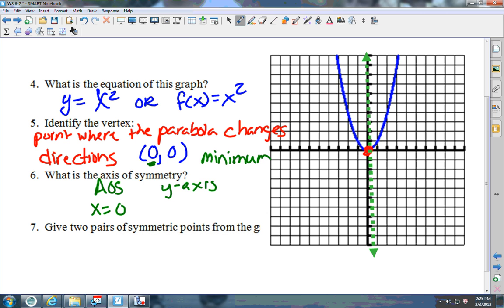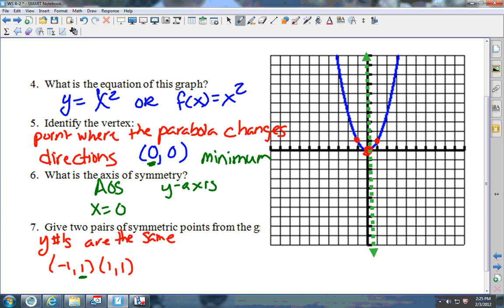The next thing it asks us for are symmetric points. This is where our y numbers are the same. So looking here, I've got this one and this one. They're on the same y's. I've got -1, 1 and 1, 1.